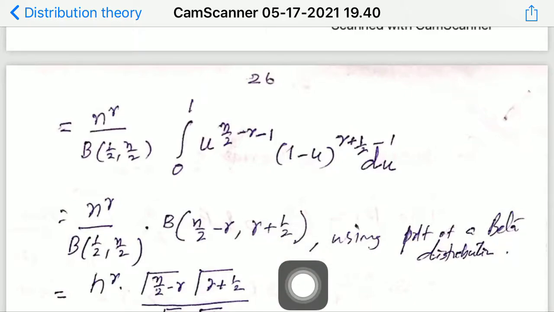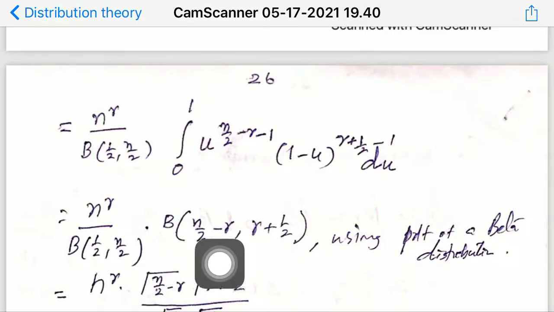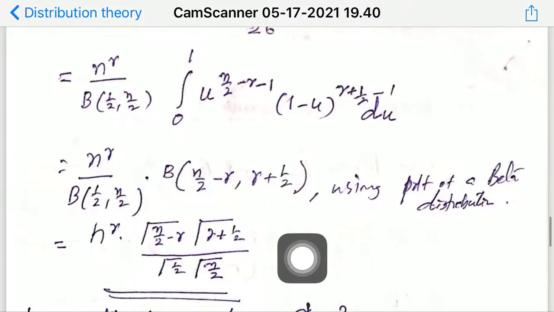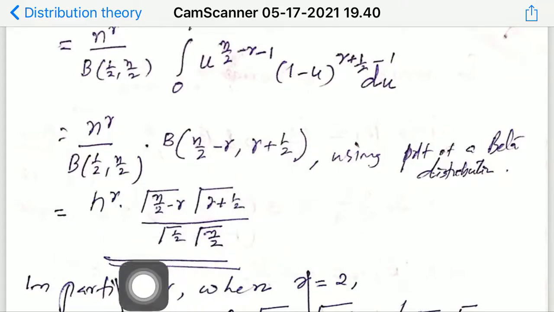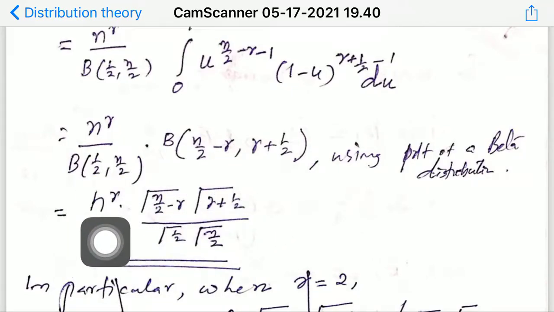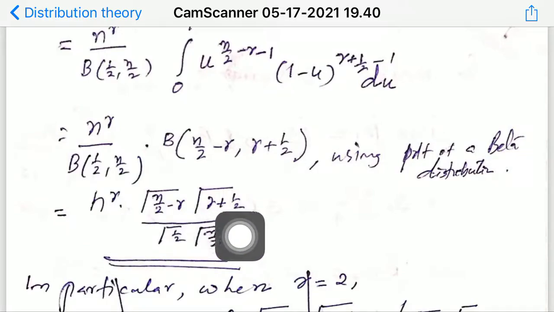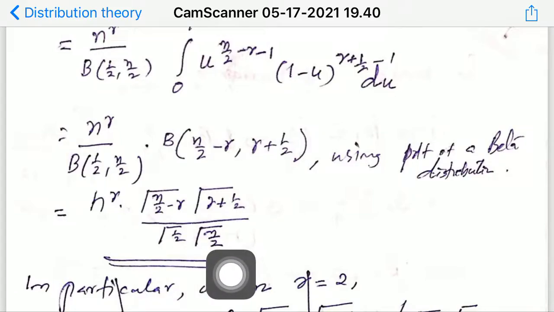Okay, and you know how this beta can be simplified, and on simplification you will see that this is n to the power of r into gamma n by 2 minus r, gamma r plus 1 by 2, gamma 1 by 2 divided by gamma 1 by 2 into gamma n by 2.